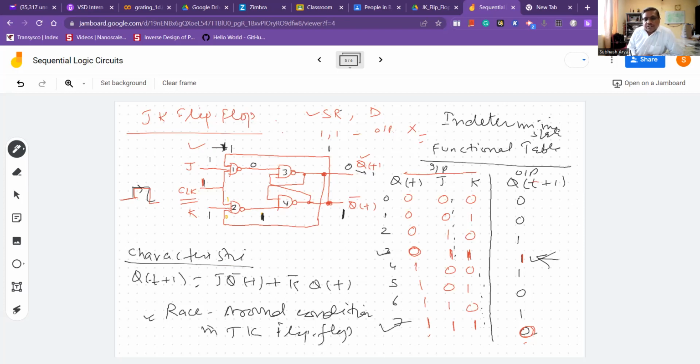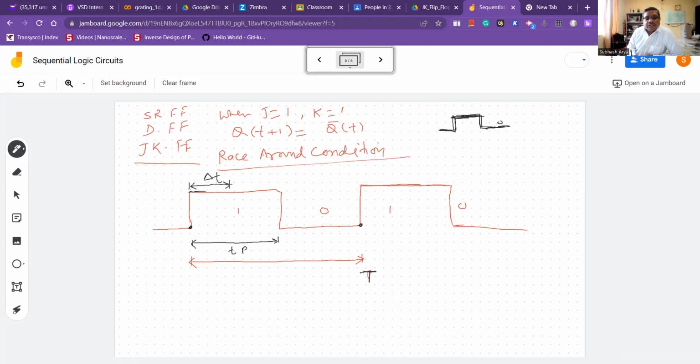Since we design our circuit to work fast, computation time should be very, very small, so the device should be faster. The time taken by a signal traveling from input to output is delta T.